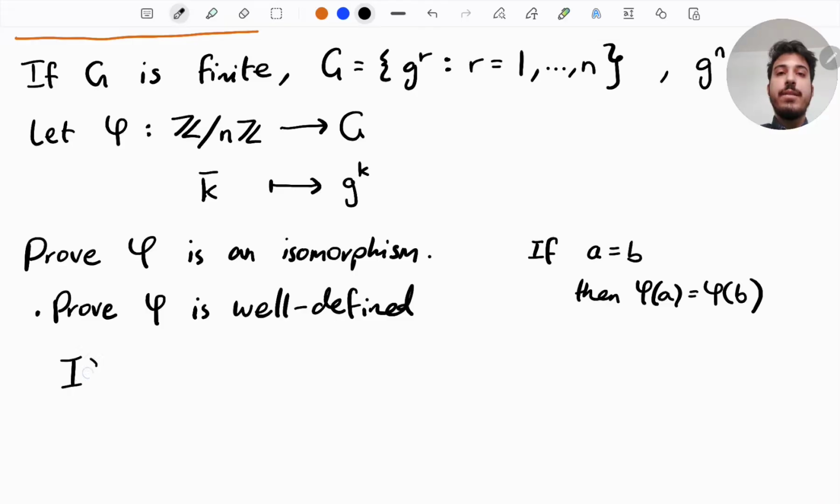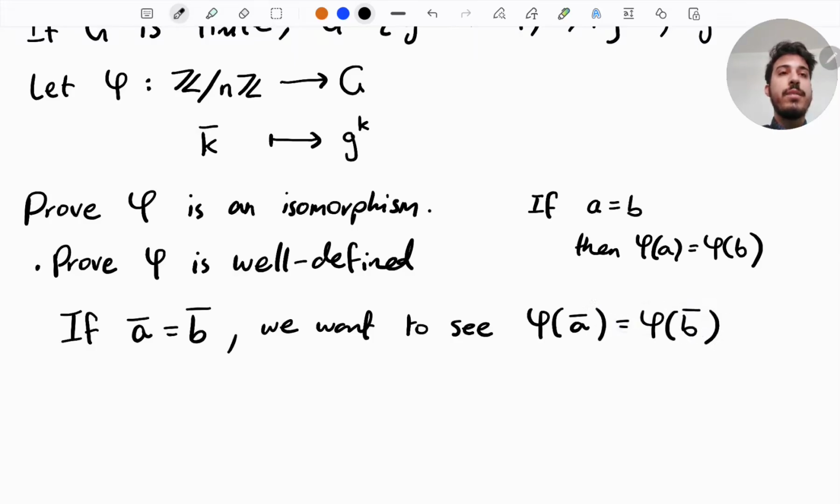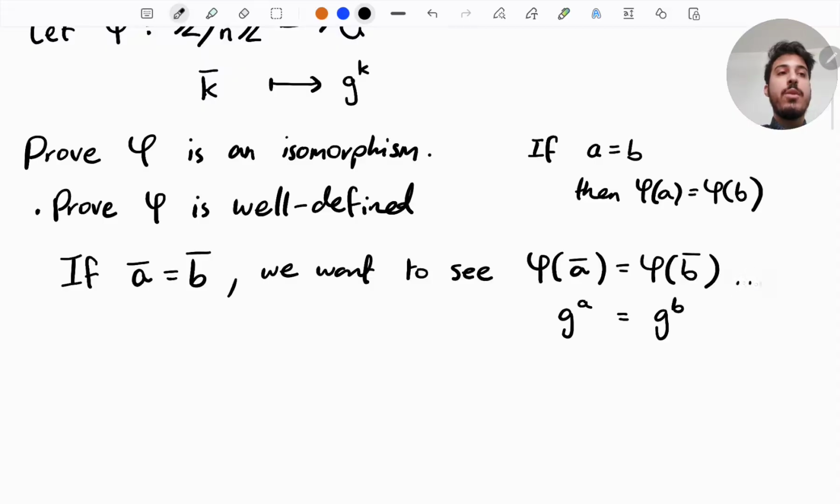So if a bar is equal to b bar, remember we have to put the bar there because that's the input of phi, a residue class in Z/nZ, we want to see that phi of a bar is equal to phi of b bar. But phi of a bar is, by definition of phi, g to the a, and phi of b bar is g to the b. So essentially we want to say that g to the a is equal to g to the b. So how can we do that?